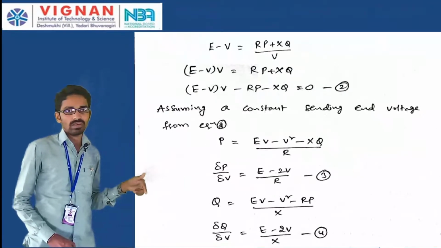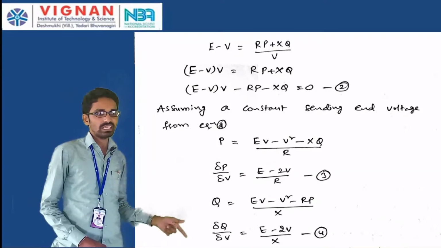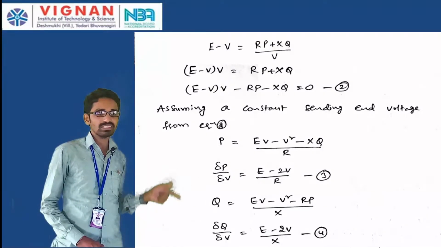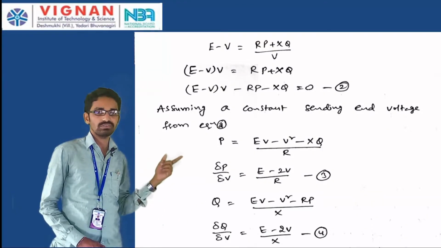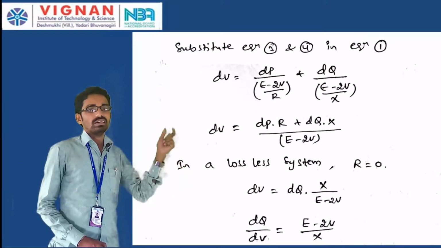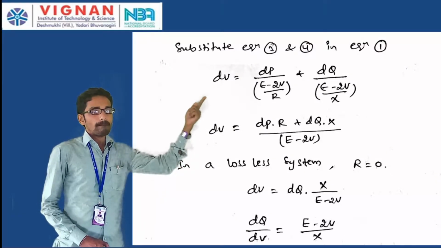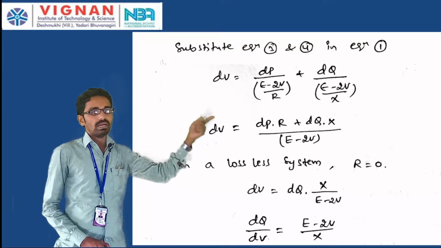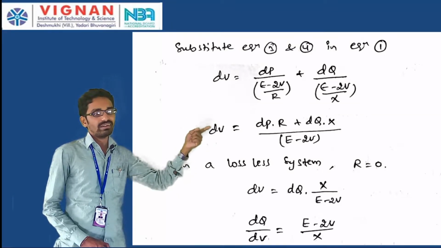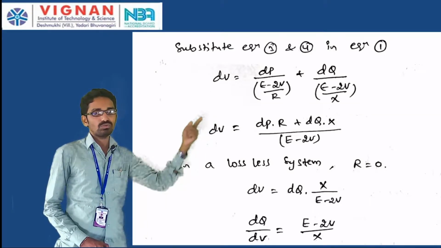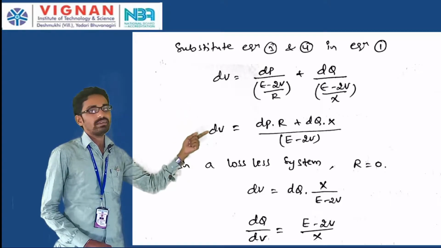Then we get dV = dP by (E - 2V by R) + dQ by (E - 2V by X).